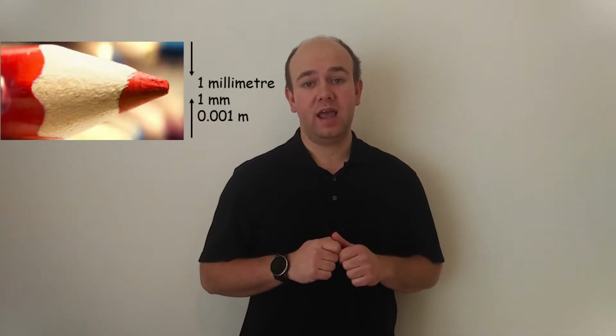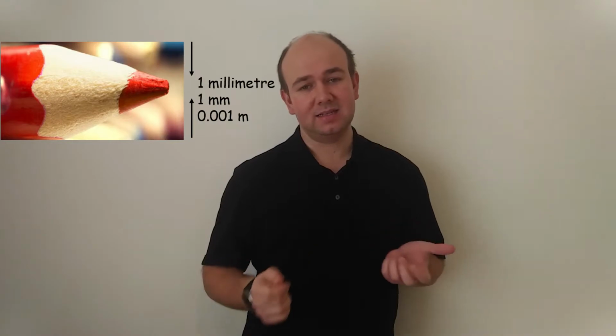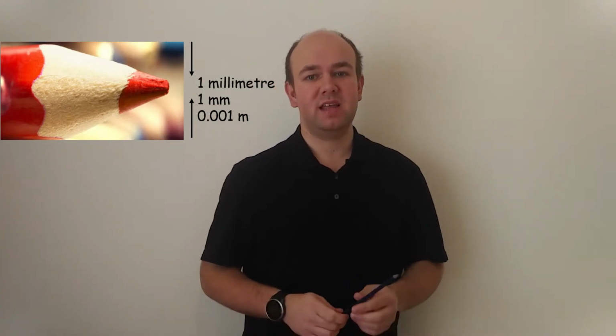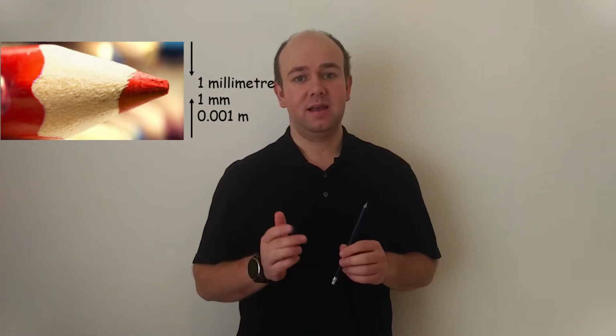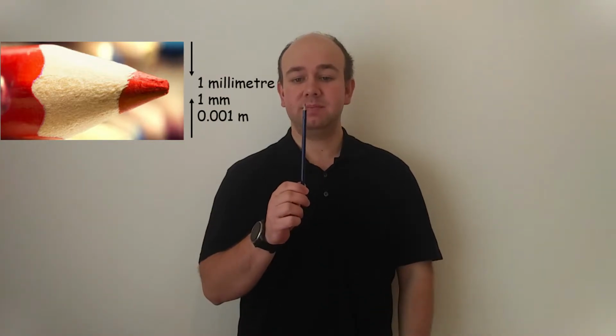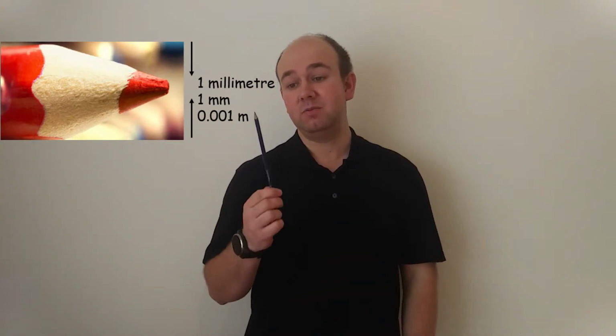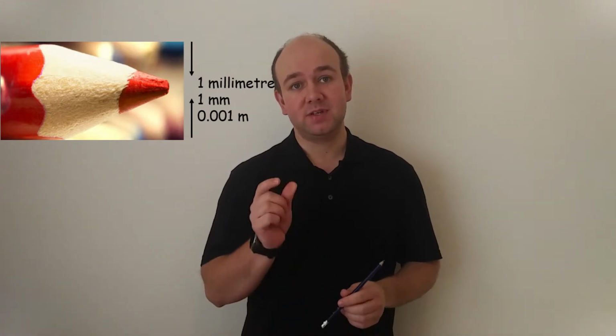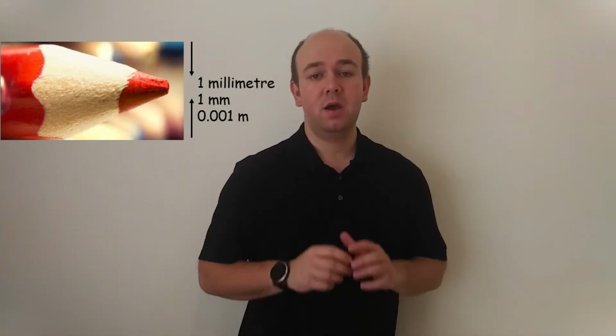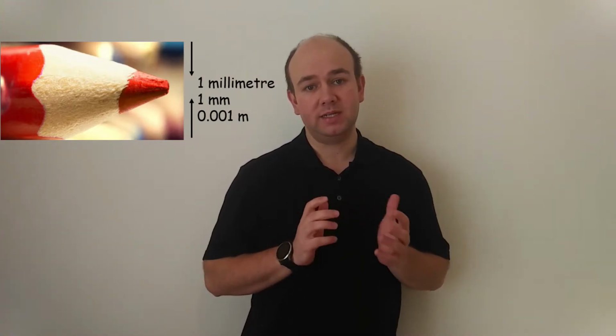So a millimetre is 1,000th of a metre. And something that usually has a width of a millimetre is a sharpened pencil point. So if we draw a line with this pencil, we'd end up with something which is roughly 1 millimetre wide.